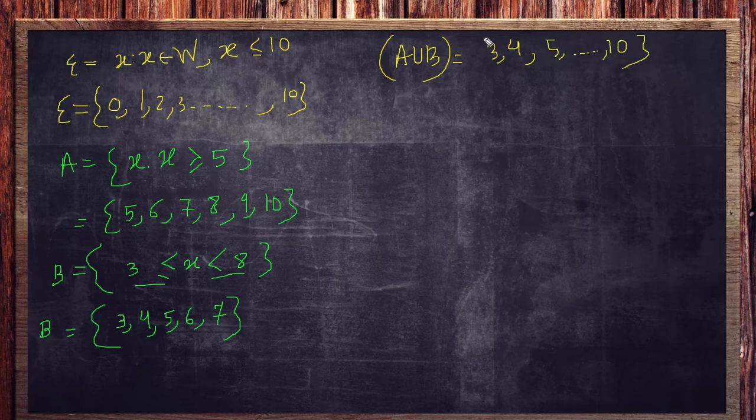Very simple. I hope you already got the idea about union and intersection. Those are very simple. And after that we are going to need A union B whole dash. That means we have to perform the subtraction from the epsilon value. So let's do that.